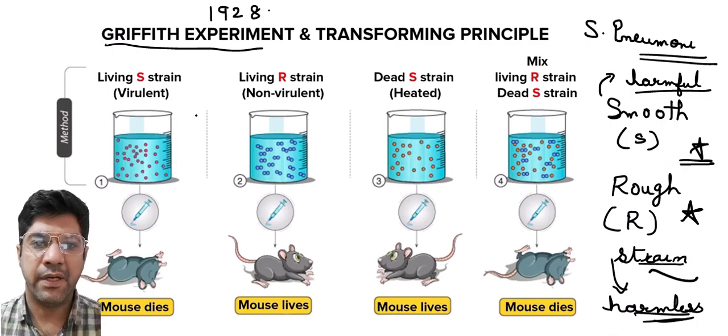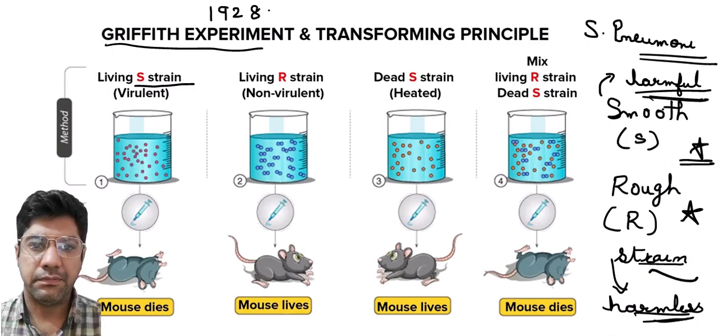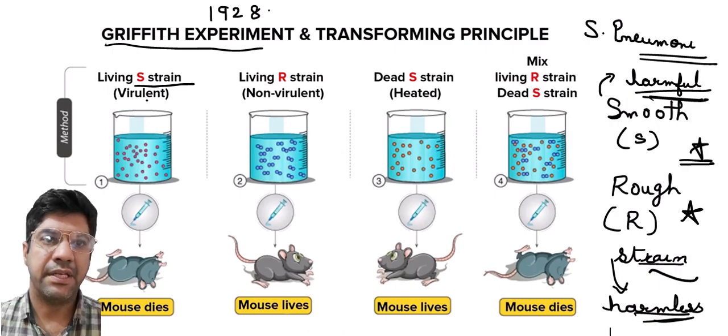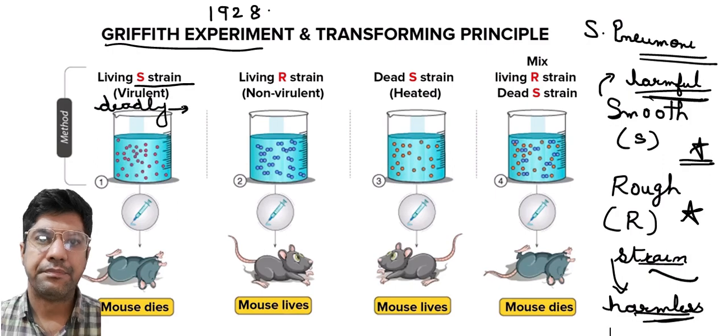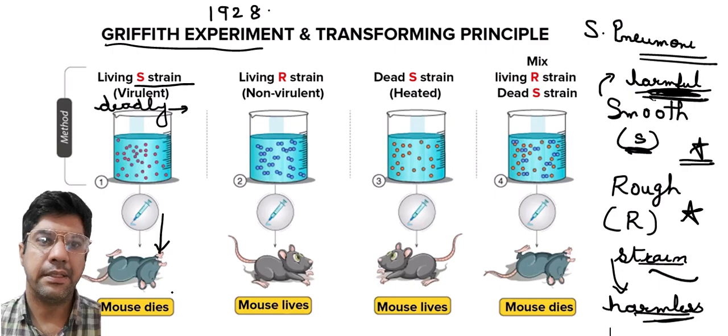In experiment 1, he injected mice with live S strain. The S strain was harmful, so the mice became sick and died because the S strain was deadly.